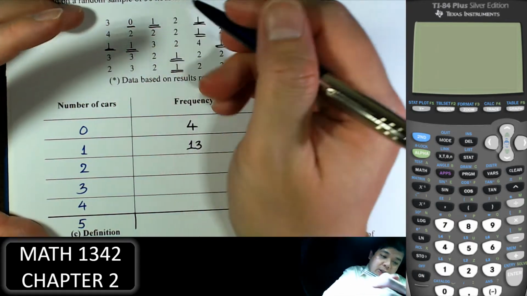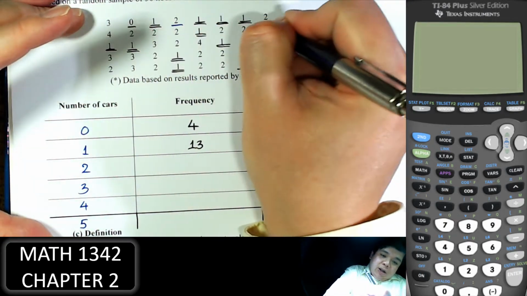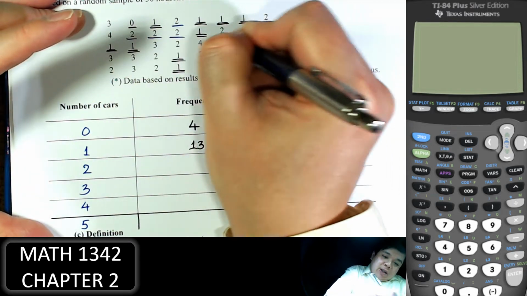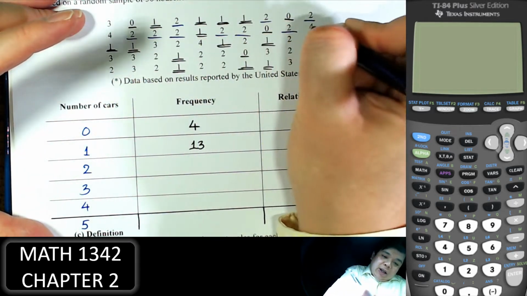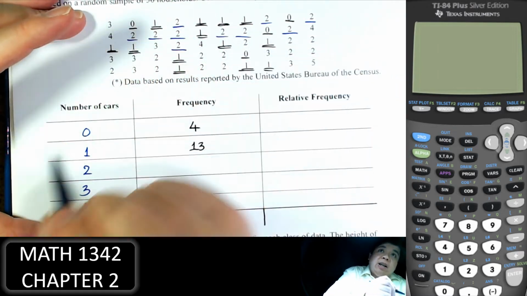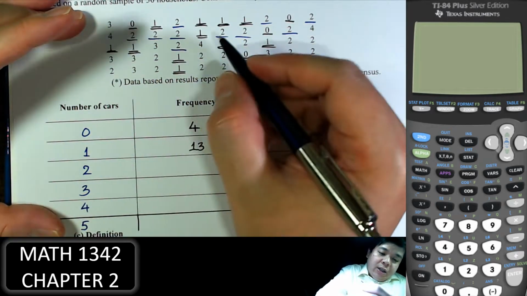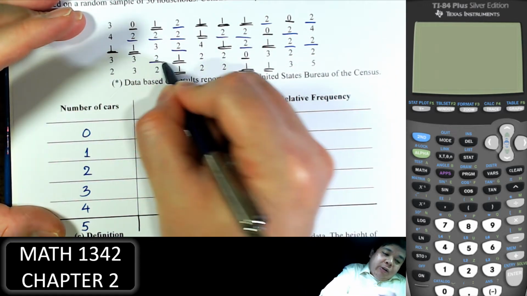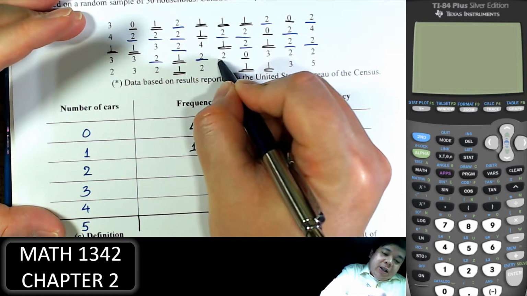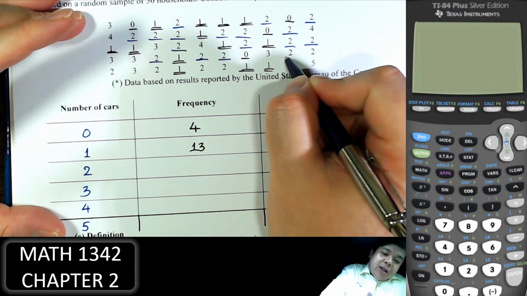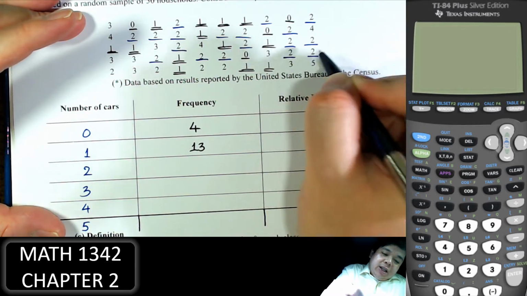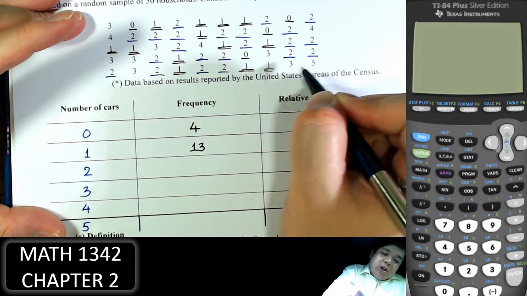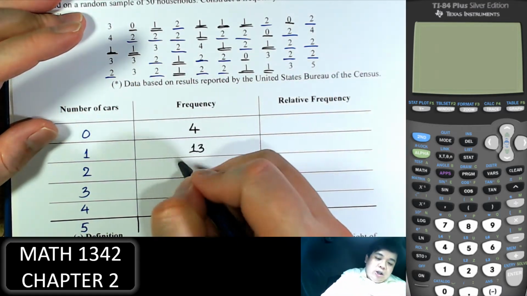Then 2: 1, 2, 3, up to 22. It will be 22.